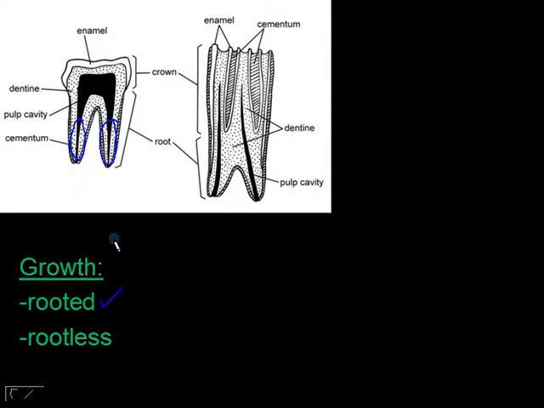Whereas there are also teeth that are rootless, in which the canals remain fairly wide, a lot wider. So the blood vessels are still able to stay there and provide vascularization to promote the growth of your tooth.